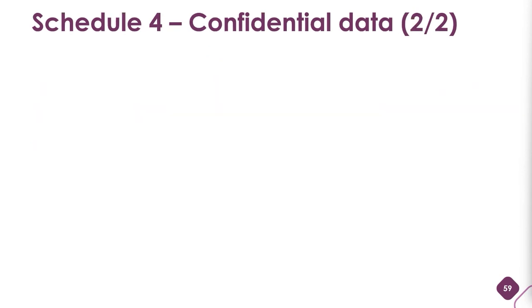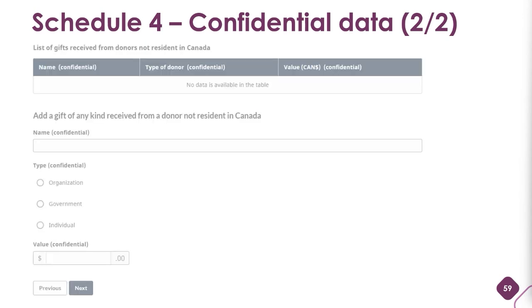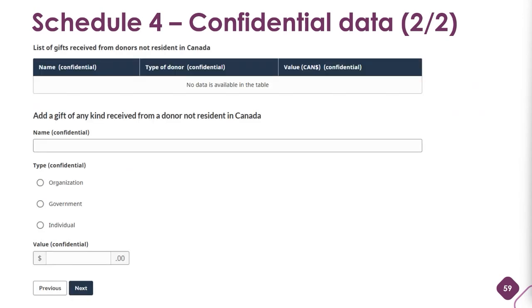If your charity received gifts from donors who do not reside in Canada, you'll have to provide this information: the name of the donor, whether they're an organization, a government, or an individual, and the value of the gift your charity received.